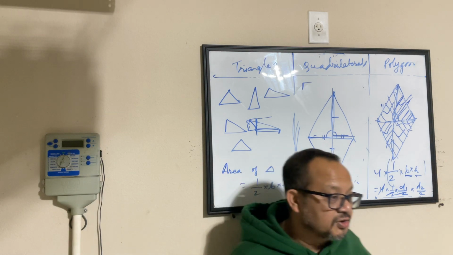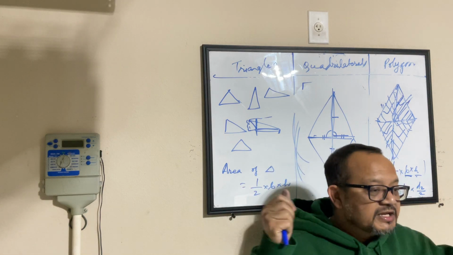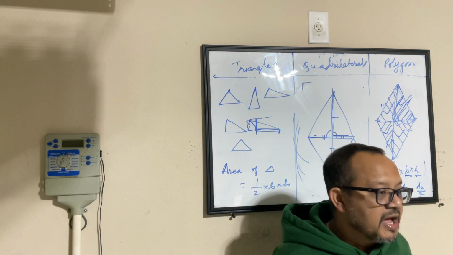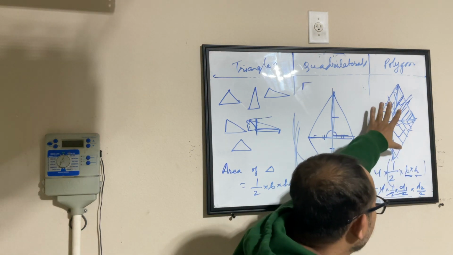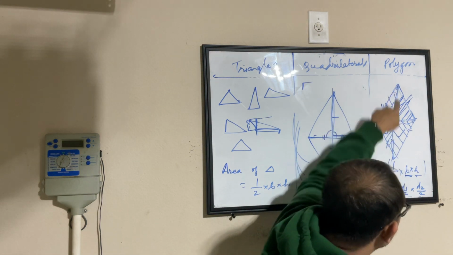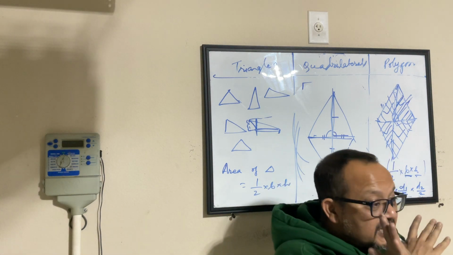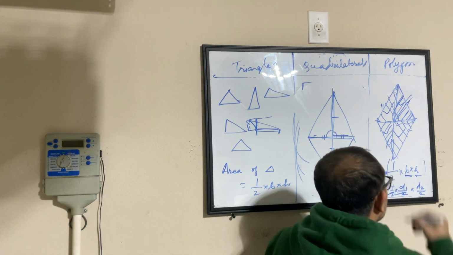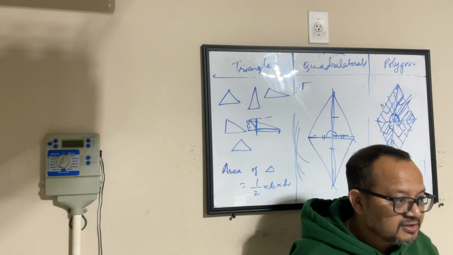As long as you know that a rhombus is nothing but a squeezed form of a square, and that when you have a rhombus and you join the opposite corners, these are called diagonals, and the diagonals meet each other at 90 degrees. They make 90 degree angles and they bisect each other.